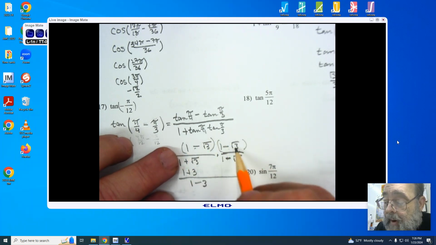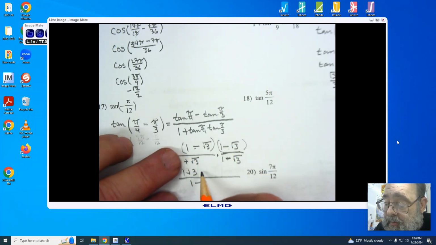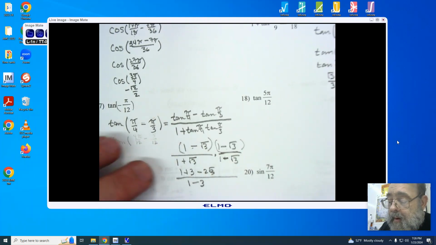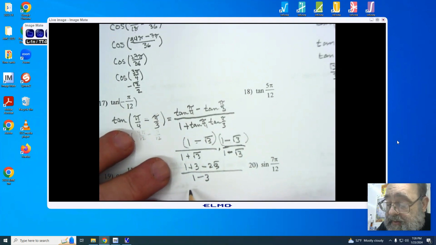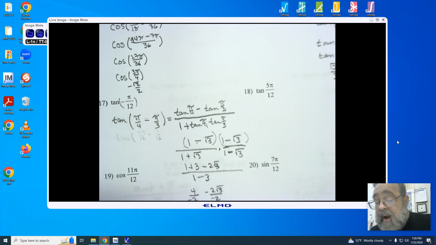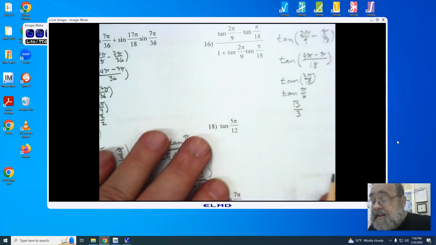I have a minus root 3, a minus root 3, which is giving me minus 2 root 3. I'm now going to simplify it, since I have 4 over negative 2 minus 2 root 3 over negative 2, and I get negative 2 plus root 3. That's my answer. Let's go ahead and take a look at number 18.